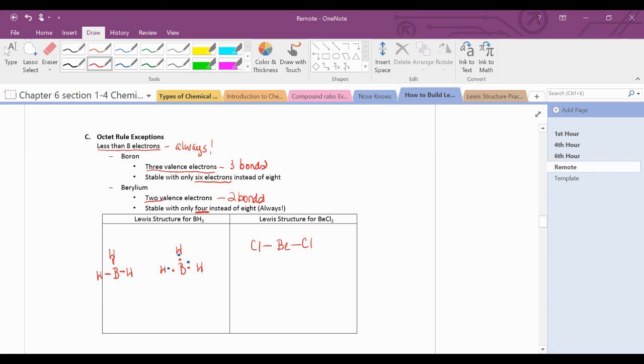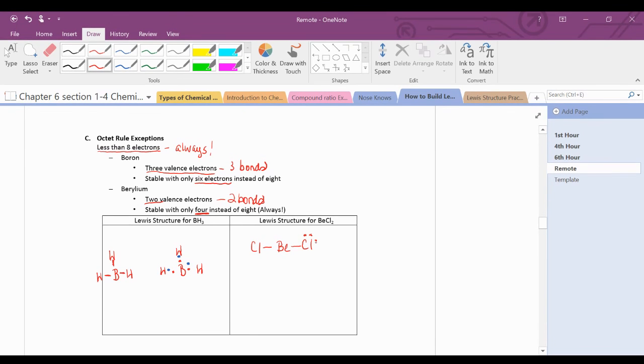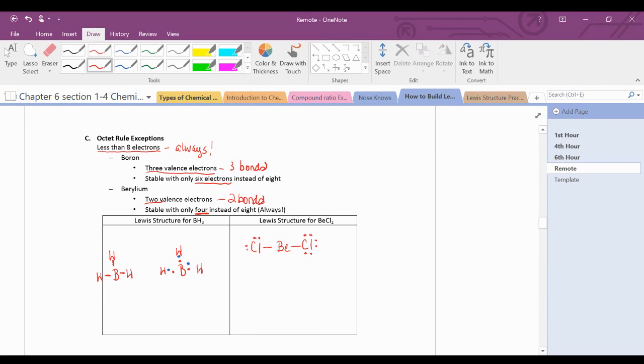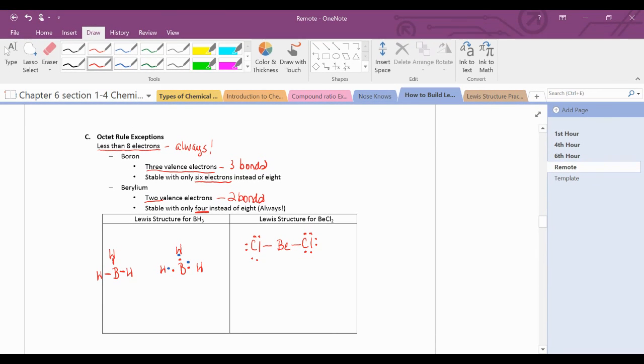So there's beryllium's electrons. Now chlorine has 7 electrons, 1 in a bond. So that means that there are 6 remaining, and we can show those as lone pairs. We can also show this same Lewis structure using dots instead of dashes.